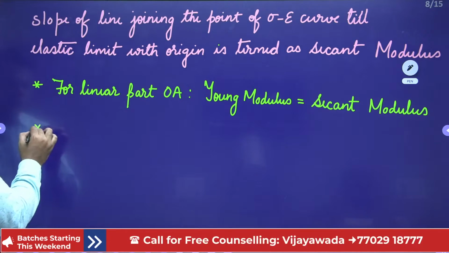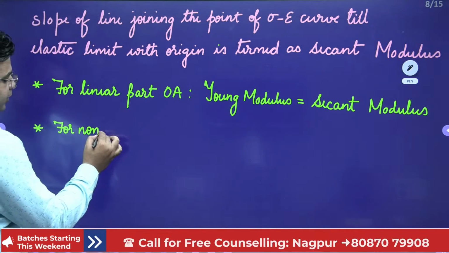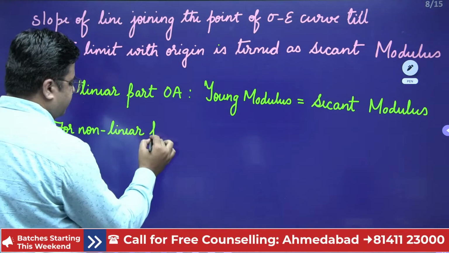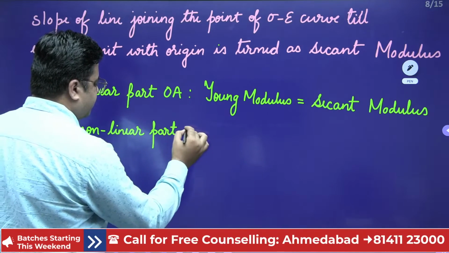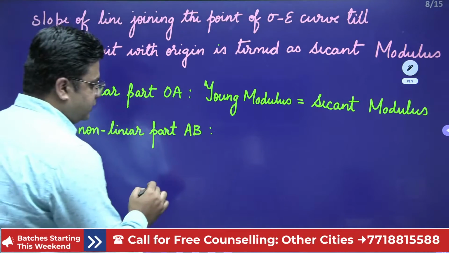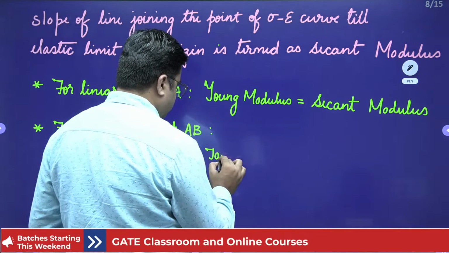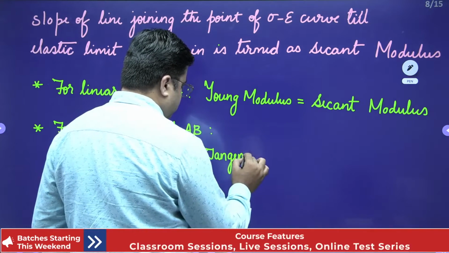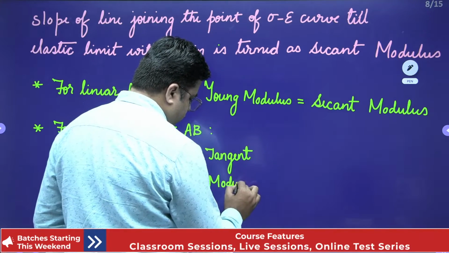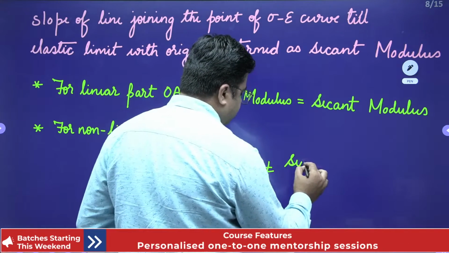And for non-linear part AB, tangent modulus and secant modulus will be different. Tangent modulus is not equal to the secant modulus.